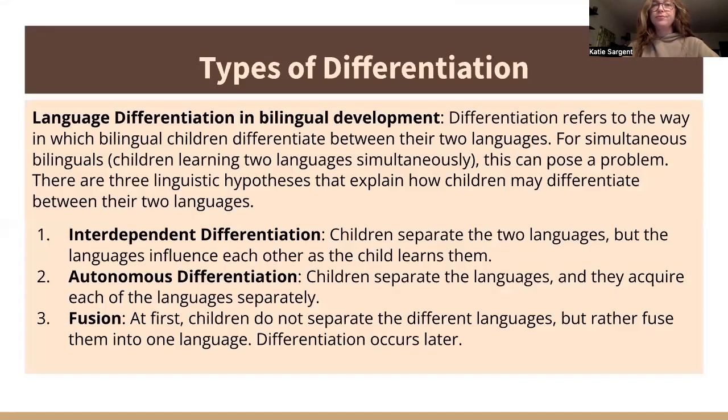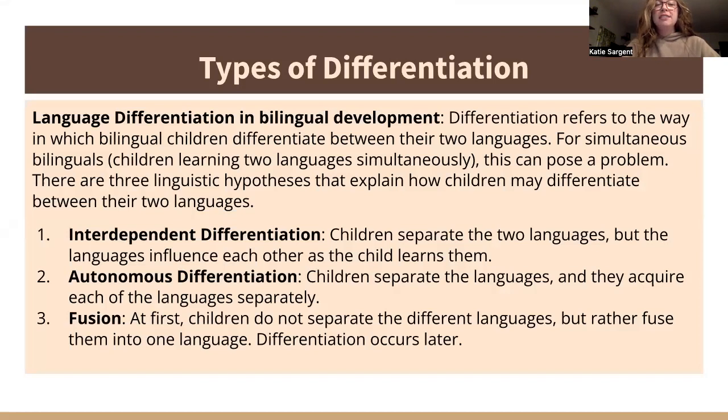Hi, I'm Katie Sargent, and I'm going to be talking about types of language differentiation. Language differentiation refers to the way in which bilingual children differentiate between their two languages. For simultaneous bilinguals, that is, children learning two languages simultaneously, this can pose a problem. There are three linguistic hypotheses that explain how children may differentiate between their two languages.